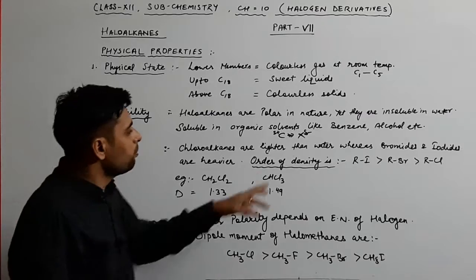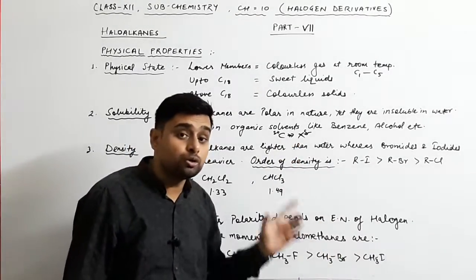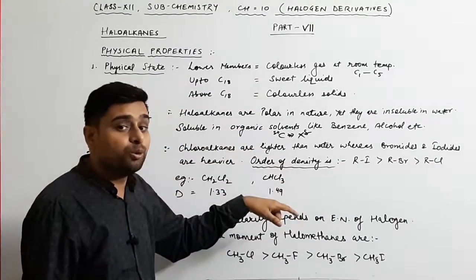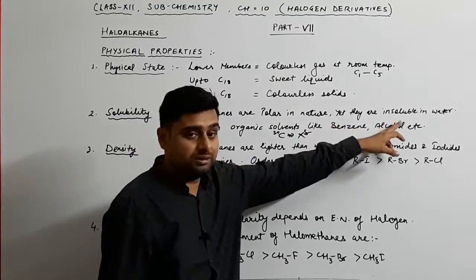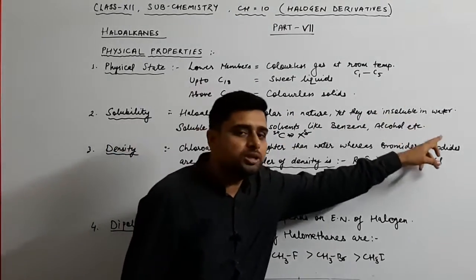Due to their polar nature, they would be expected to be soluble in polar solvents, but haloalkanes are not soluble in polar solvents like water. Haloalkanes are polar in nature, yet they are insoluble in water.